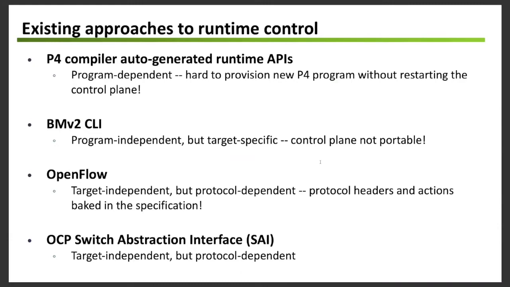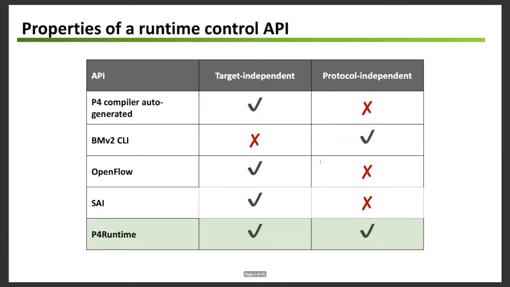I'm going to skip this one, but basically, why a new runtime control API specifically for P4, and why a new one even for P4, because we had other APIs before that. This shows the 2 dimensions you can use to evaluate an API, and how P4 Runtime compares to previous APIs.